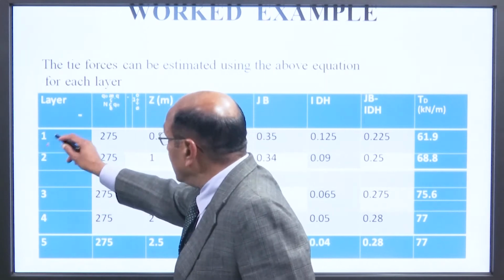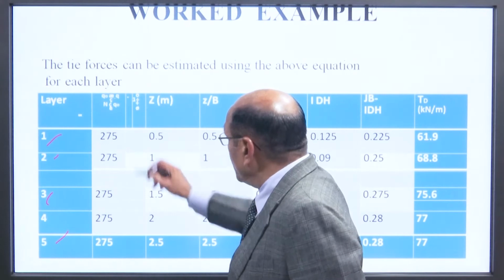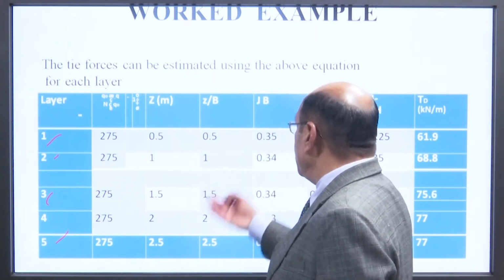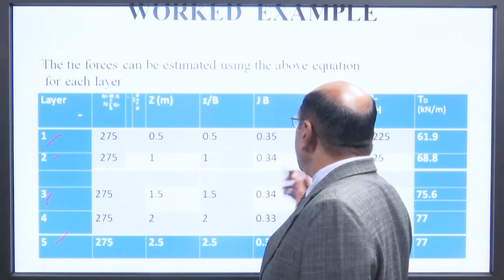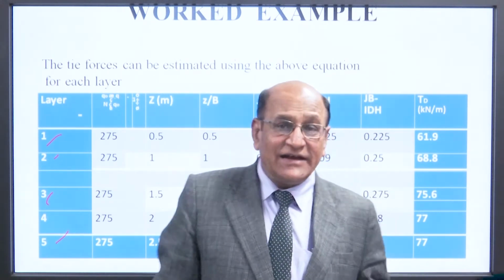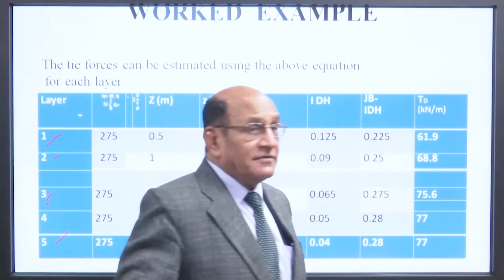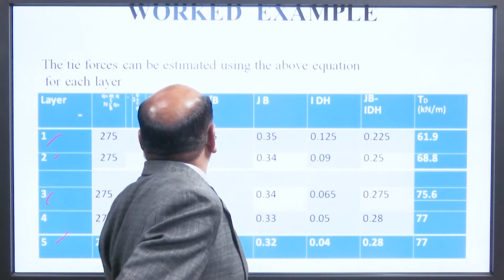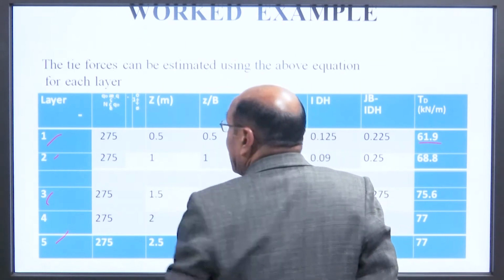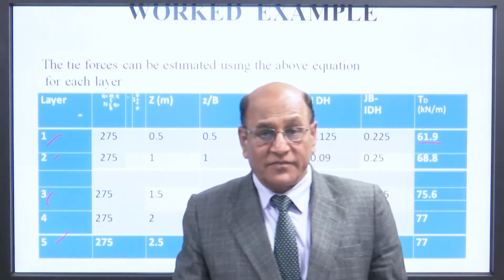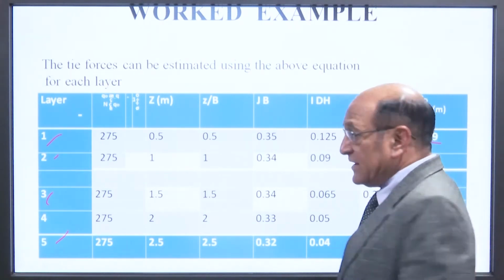So these are layers 1, 2, 3 up to 5, with different values, Z in meter, depth of foundation, Z by B, and so on. From here we can get the tie forces TD for each layer of the reinforcement.